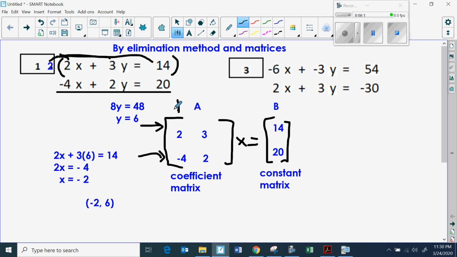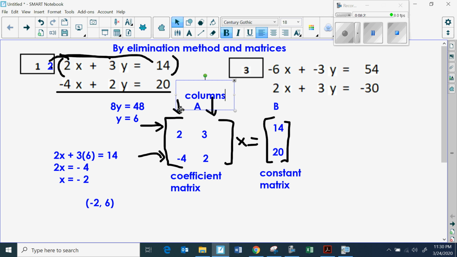So how many rows did we have? You need to know these are columns. Over here, these are rows. So how many rows do we have here? 2. By how many columns do we have up here? 2. So it's a 2 by 2 matrix.